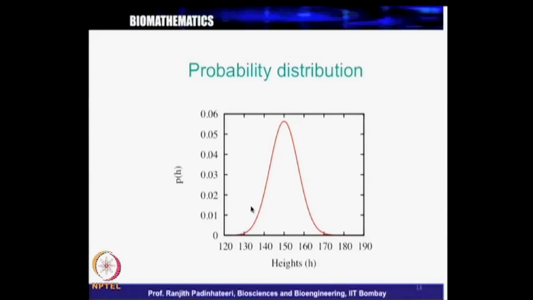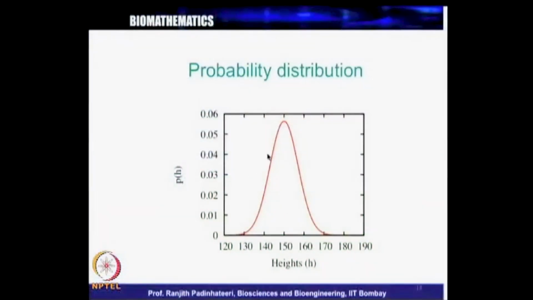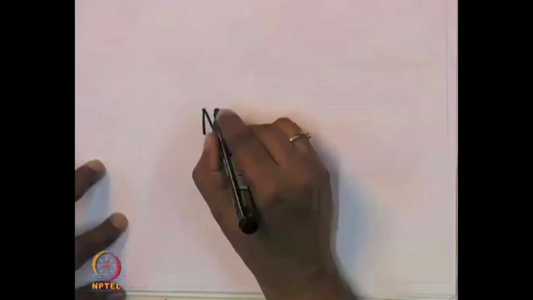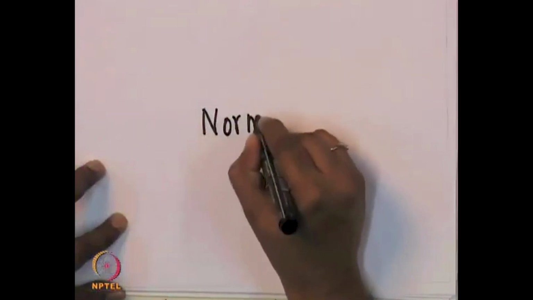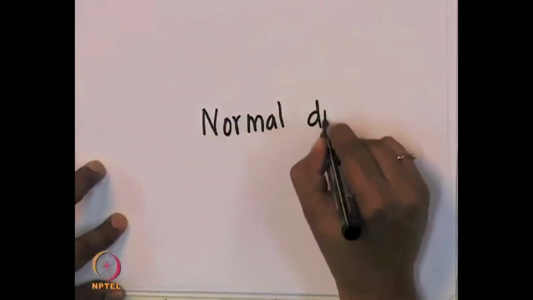Typically, most of the things in nature have this bell shaped curve. This bell shaped distribution is called normal distribution. So, let us write it: the bell shaped curve is called normal distribution.